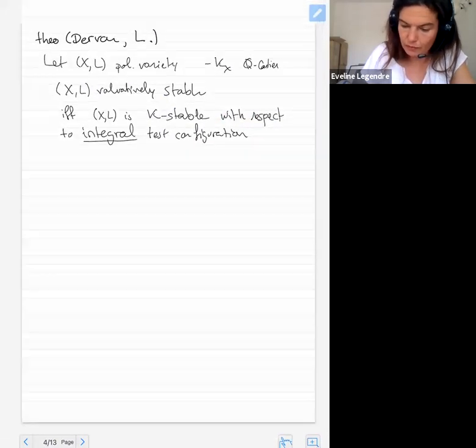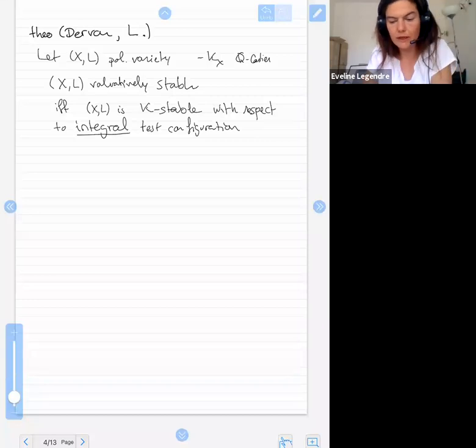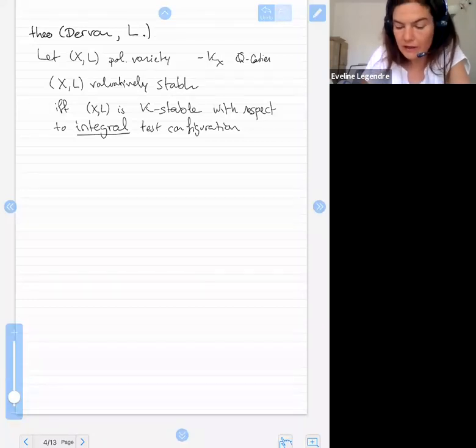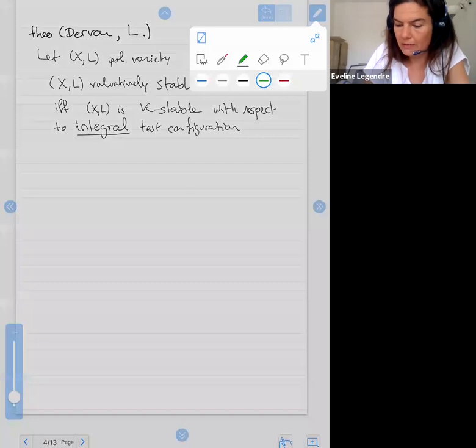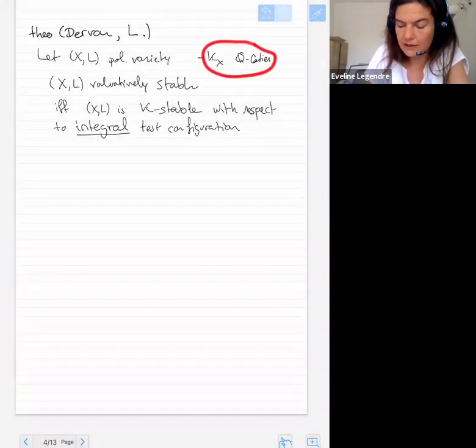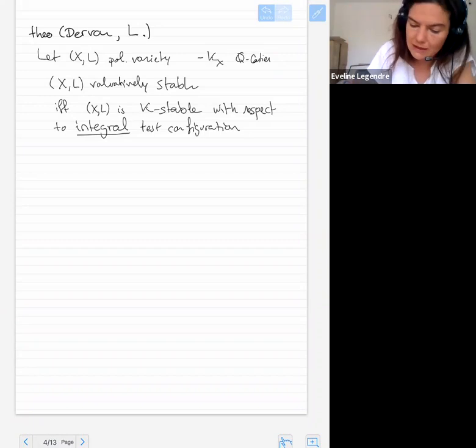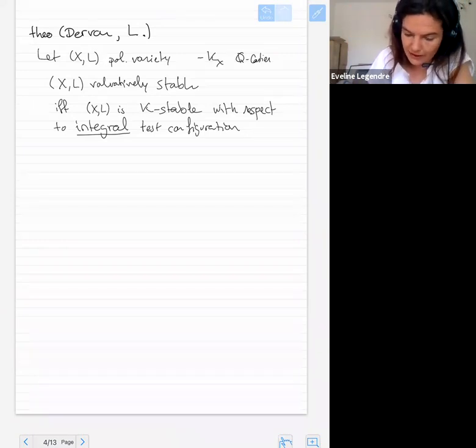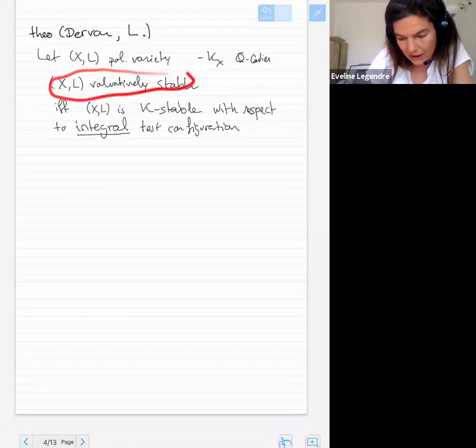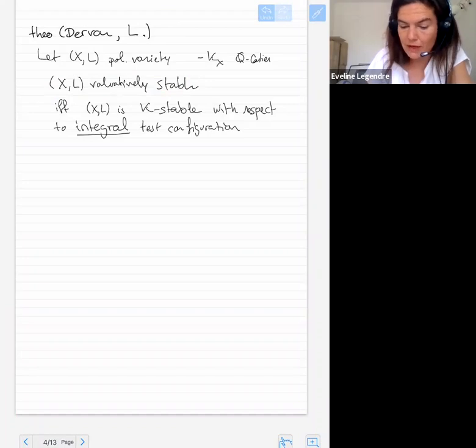What we proved with Rui is that if we have a polarized variety, where I'm assuming that the anticanonical line bundle is Q-Cartier, which is necessary to define the log discrepancy, the way we use it at least, then a polarized variety (X, L) is valuatively stable if and only if it is K-stable with respect to integral test configurations.